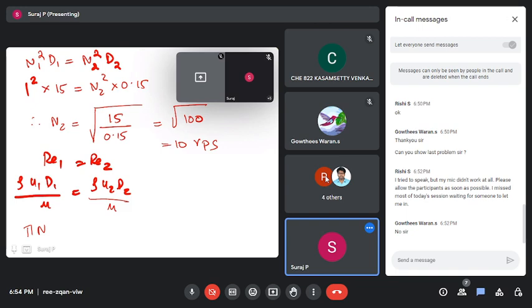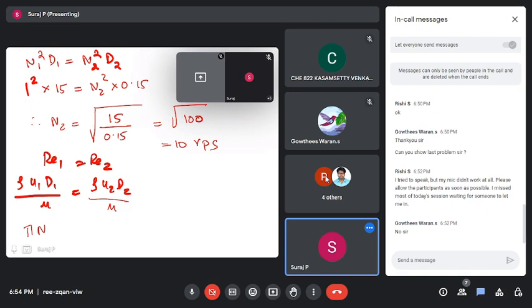So here the acceleration due to gravity is given. That's why we are using this Froude number. In the Reynolds number, there is no term for gravitational force.